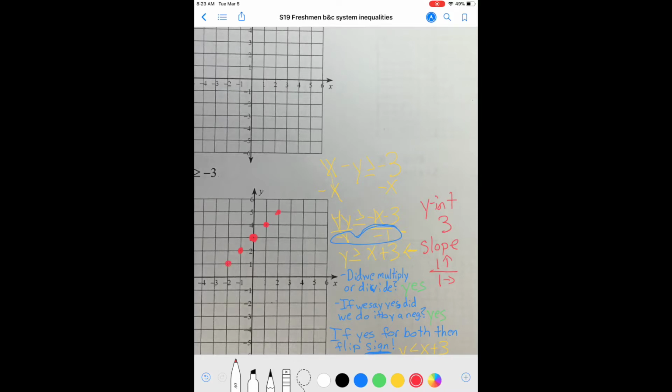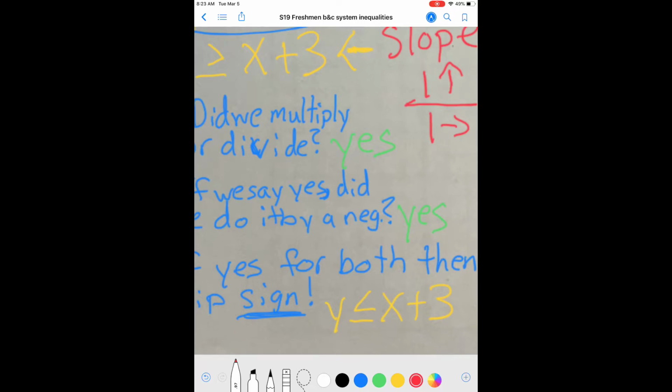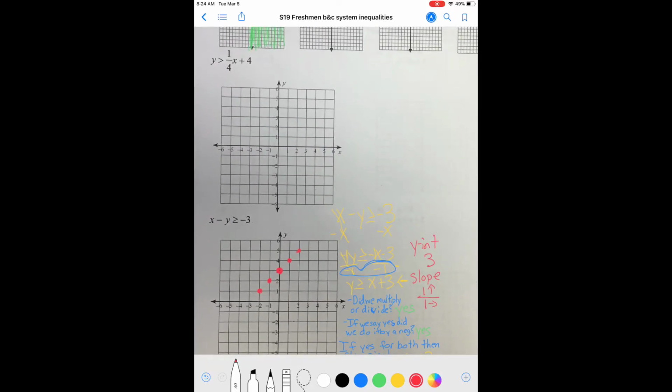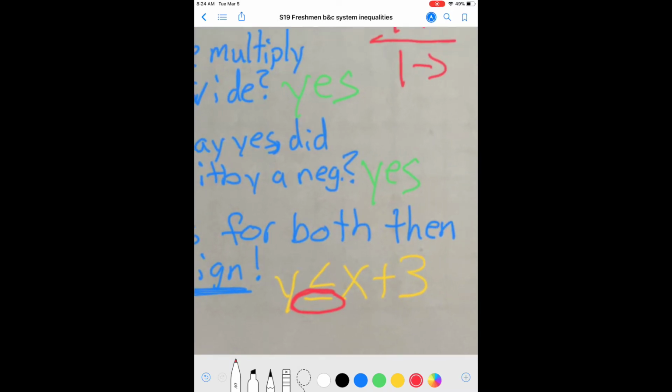Now looking at the inequality that we got after flipping it, we've got to determine, is it going to be a solid or dashed line? It's going to be solid because it has the or equal to part. So here's our solid line. Then we've got to determine, is it less than or greater than?